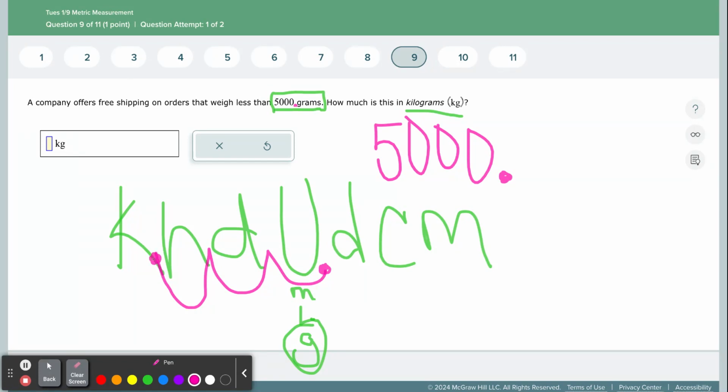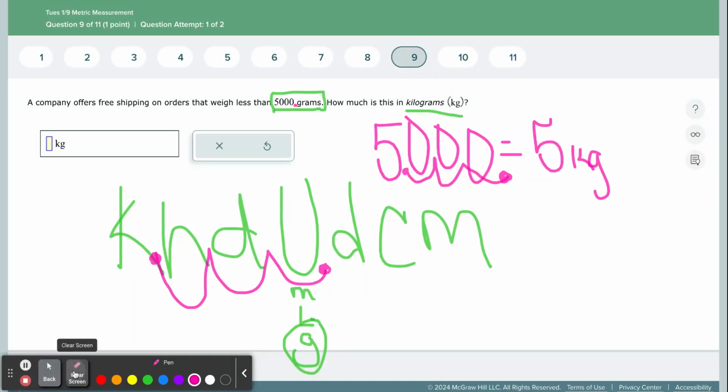So that's how I know I'm ready to stop at kilograms, because I'm on the right. Right is right. Right is correct. So 5,000 grams equals 5 kilograms. Or you could put 5.000 kilograms, but they all mean the same thing.